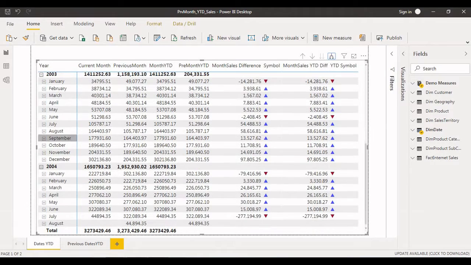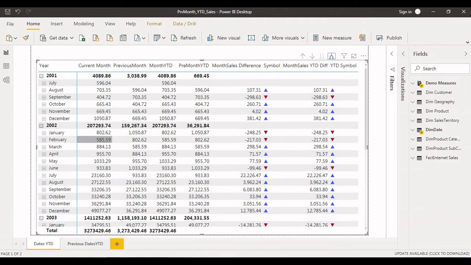Year-wise we have the months and the respective current month sales. For example, in 2001 we have July month sales, August, September, October, November, and December. With respect to previous month sales in this context, there is no previous month for July, which is the reason we are getting a blank.